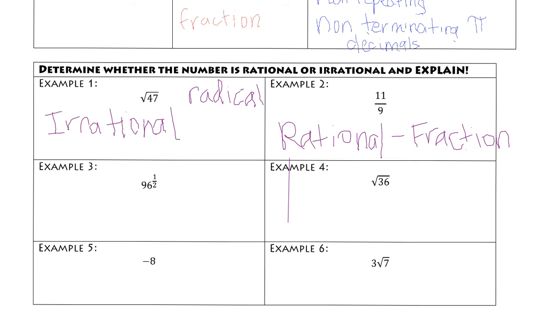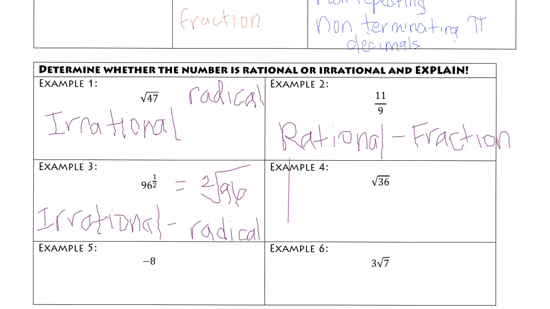Example 3, 96 to the 1/2 power. Okay, remember 96 to the 1/2 power is the square root of 96. And since that is a radical, it will be irrational. Irrational, and the reason is because it's a radical.